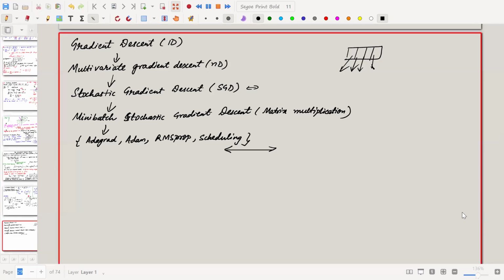So I will tell you what we are planning in this course. This is the optimization part we will cover. After that, we'll come to numerical regression, and how regression is related to the multi-layer perceptron and those things.